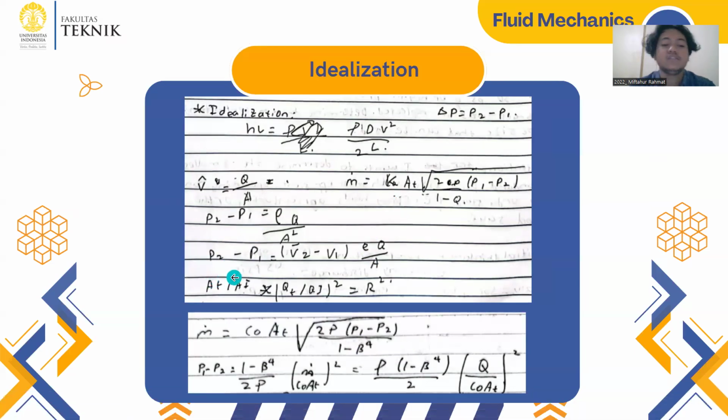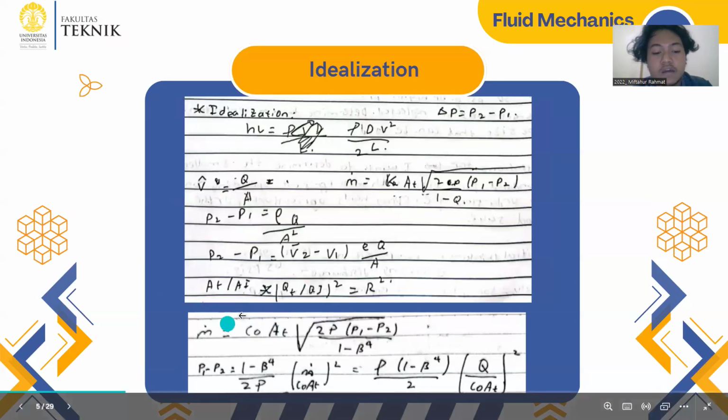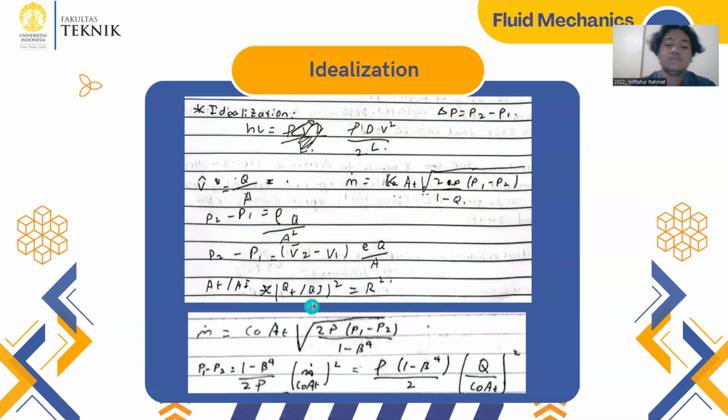So we have P2 minus P1, V hat 2 minus V hat 1, and then A2 per A1 times the squared ratio equals beta squared.